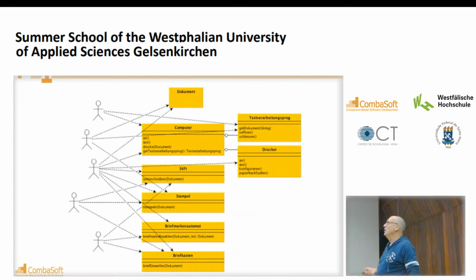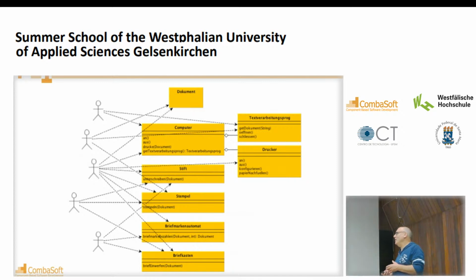All these members of the workers of the company use the same structure, the same thing they have to do. And all these workers have to know how all these things work.